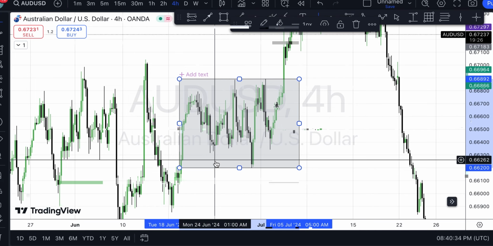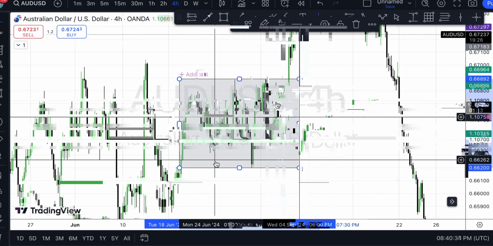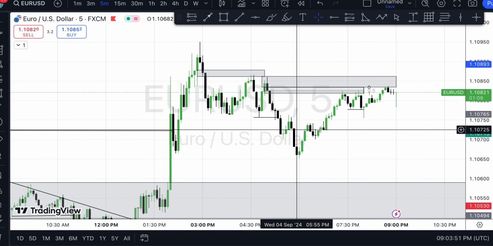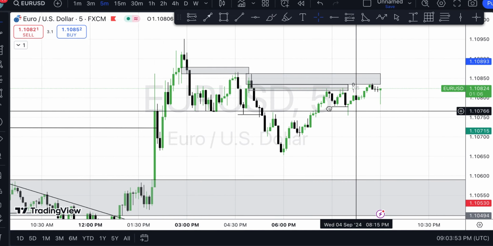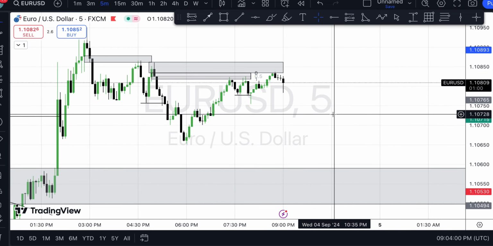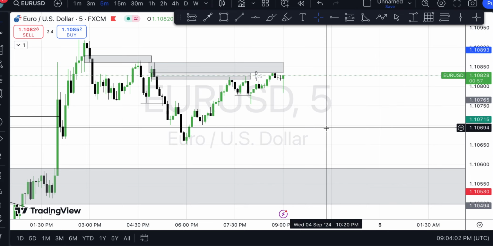Very soon I'm going to be explaining what made me choose to sell from this zone.